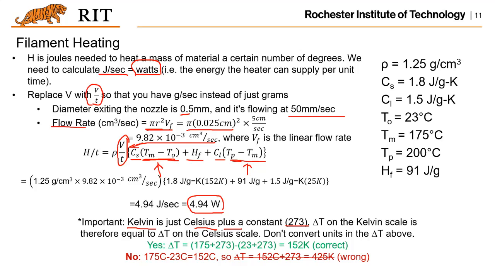Then you need to compare the provided power versus the required power plus the energy loss, right? That will give you the idea whether the provided power is large enough or not. In some homework questions and exams, there could be a question like this. All right.